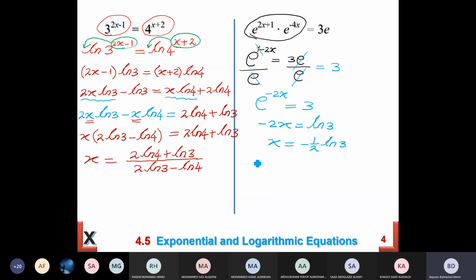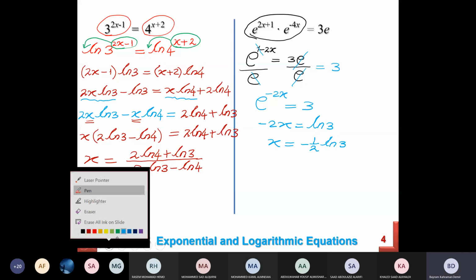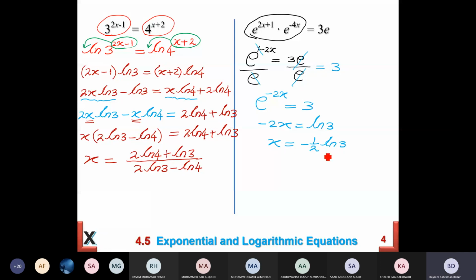Of course, if somebody likes, you can move this power inside as a power of 3. Can we do that? So x equals ln of 3 to the negative half.